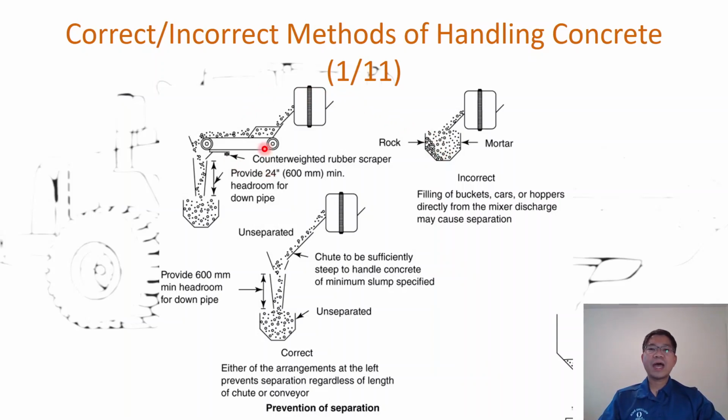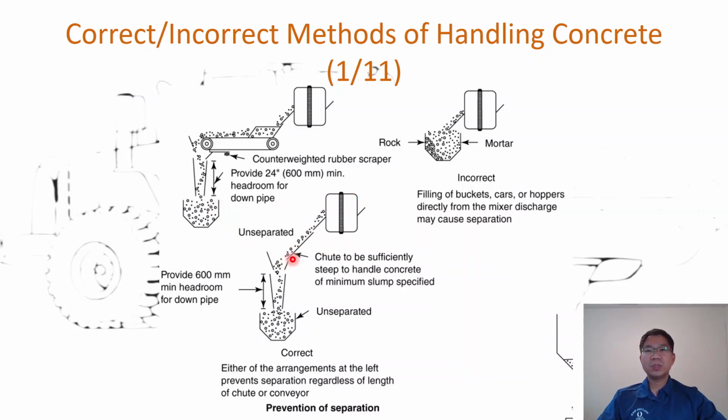Then how do we deal with that? As you can see, we may use a counterweighted rubber scraper if it's far away. And in the chute, you can have both sides so that when the concrete goes down, it can be distributed evenly, which avoids segregation.